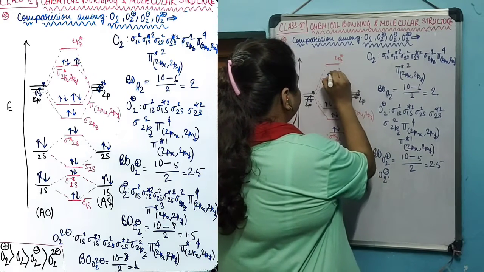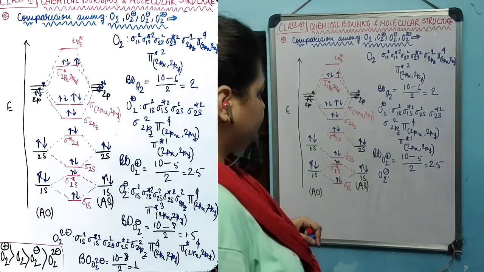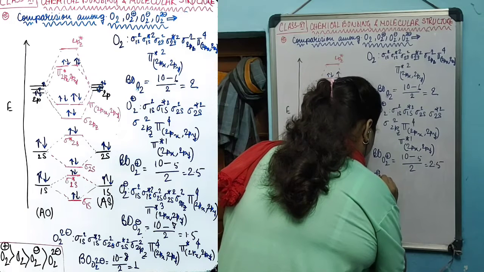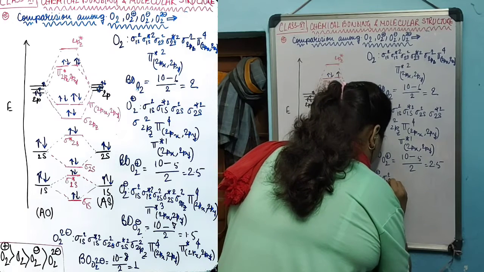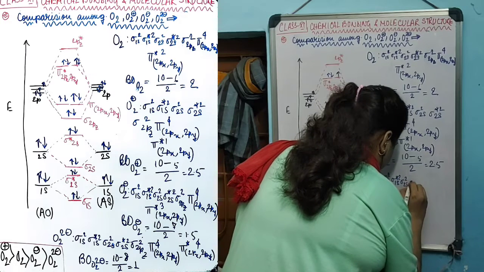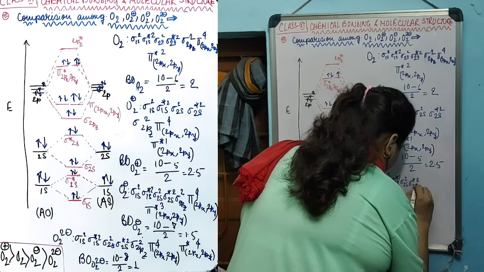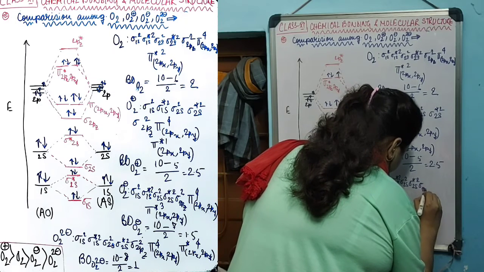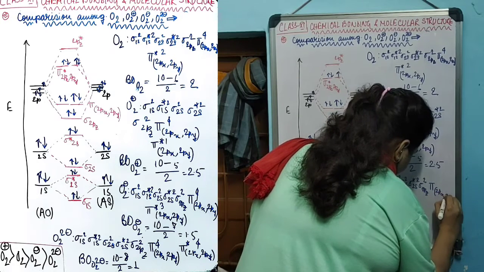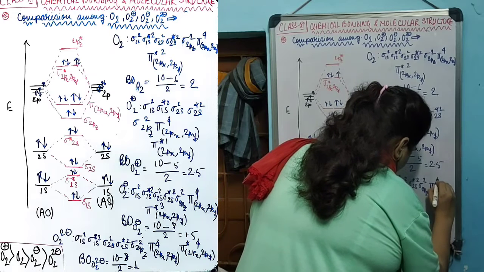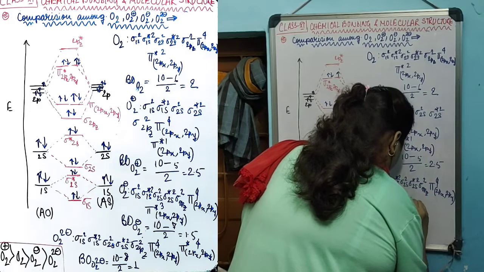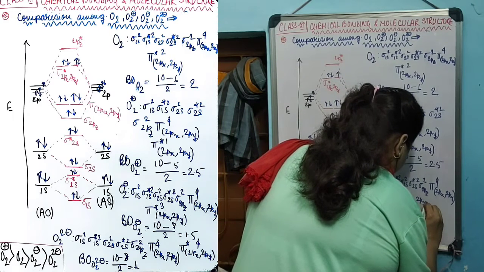Therefore, there will be another electron on the pi star, and the electronic configuration will be sigma 1s 2, sigma star 1s 2, sigma 2s 2, sigma star 2s 2, sigma 2pz 2, pi 2px 2py 4, pi star 2px 2py 3.